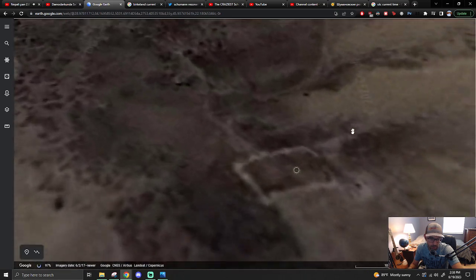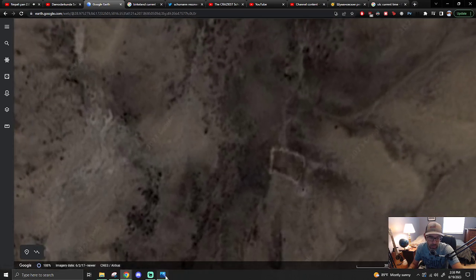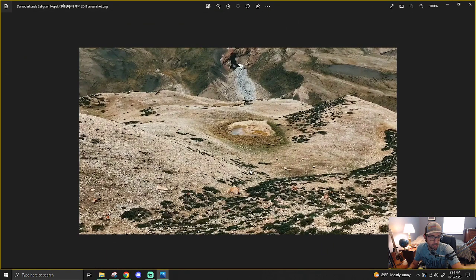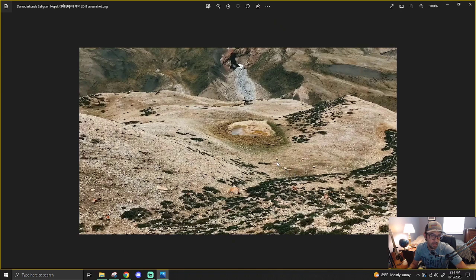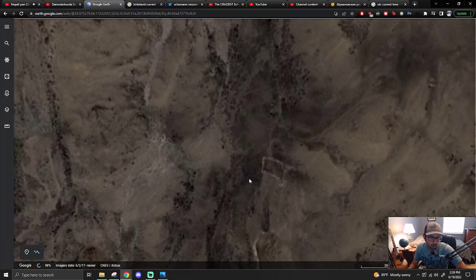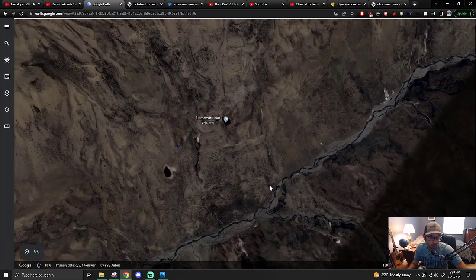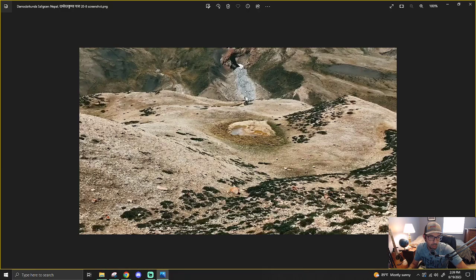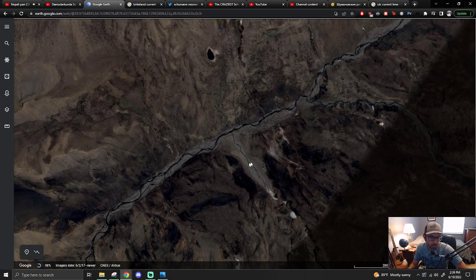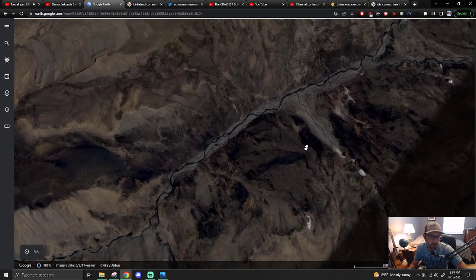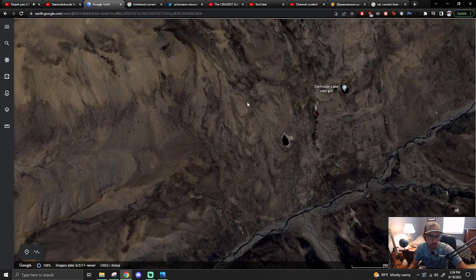It's interesting there's something there. I don't think it's what's pictured here, although it is kind of a similar shape. Whatever it is, pointing at this one, it looks like.